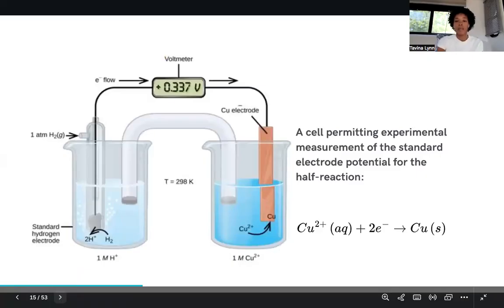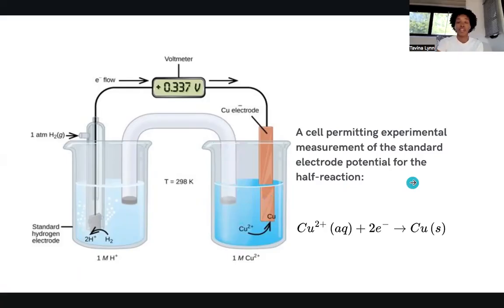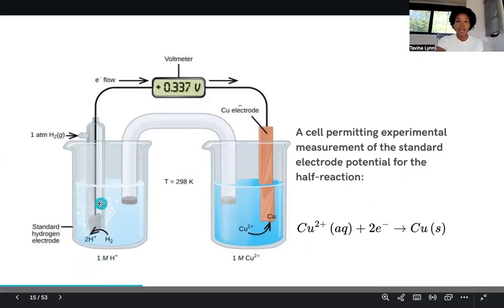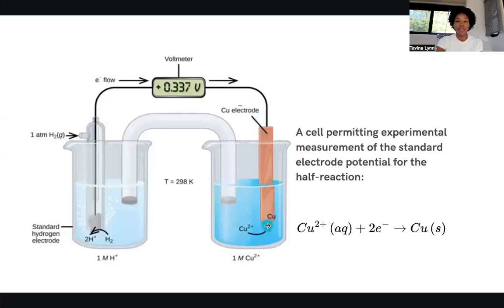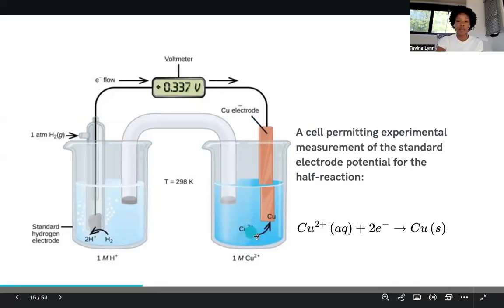So here's an example where a galvanic cell is created to measure the standard electrode potential for the reduction of copper. Here's our standard hydrogen electrode, and the electrons from this reaction are able to flow to our cathode where copper is being reduced, right?